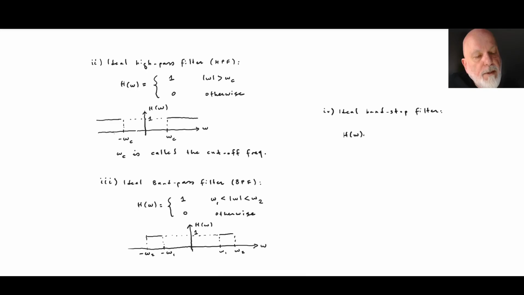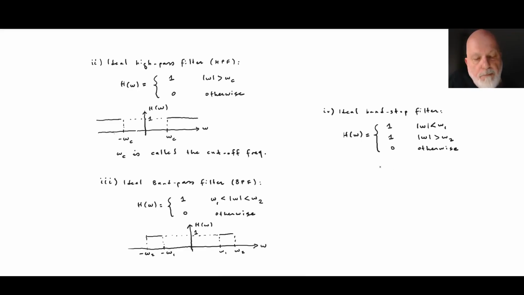H of omega will be equal to 1 for absolute value of omega less than omega 1, and it will be 1 for absolute value of omega greater than omega 2, and 0 otherwise.